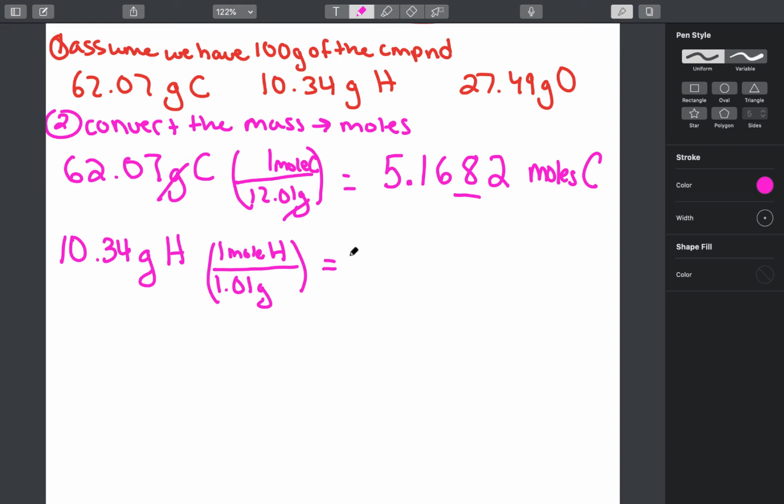So 10.34 divided by 1.01 is equal to 10.238. And just to keep the correct number of sig figs, I'll put a little underline under the 2 because we only have 3 sig figs here. So we'll do 10.2 moles of hydrogen. Okay?